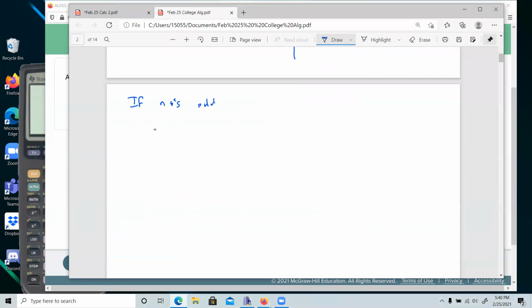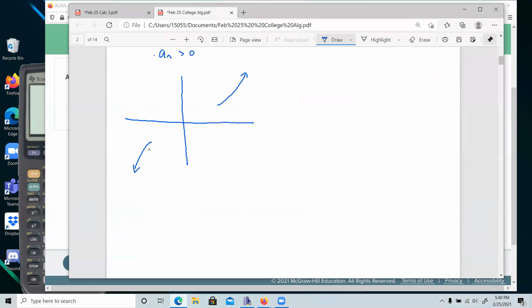Okay, so if my a sub n is bigger than 0, right, it's positive, then we're going to end up with a graph that's going to look like this. All right, so x cubed plus 3x squared plus 3x plus 1. Leading coefficient is positive, right? And n is odd, we're going to end up with this.